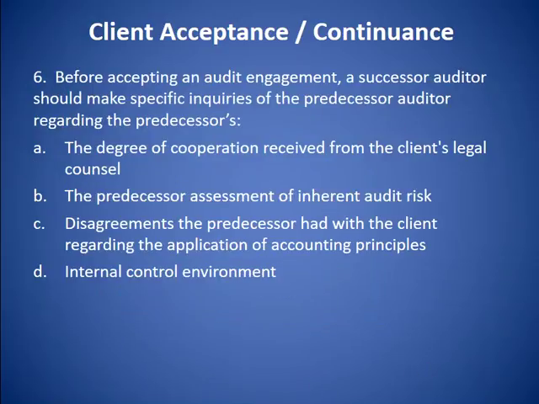Okay, number 6, before accepting an auditing engagement, a successor auditor should make specific inquiries of the predecessor auditor regarding the predecessor's A, the degree of cooperation received from the client's legal counsel, B, the predecessor's assessment of inherent audit risk, C, disagreements the predecessor had with the client regarding the application of accounting principles, and D, the internal control environment.